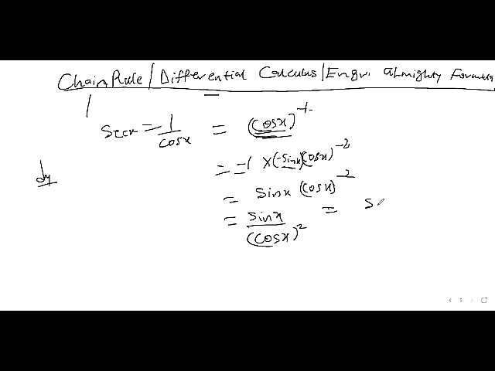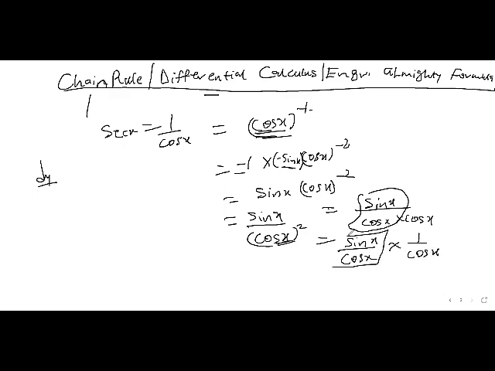Now I'm going to split this guy into 2. This is cos x times cos x. That's what cos square x means. Now, this guy, let me also split it, is sine x all over cos x. Then we now have 1 all over cos x. Now, in trigonometry, sine x all over cos x is actually tan x.